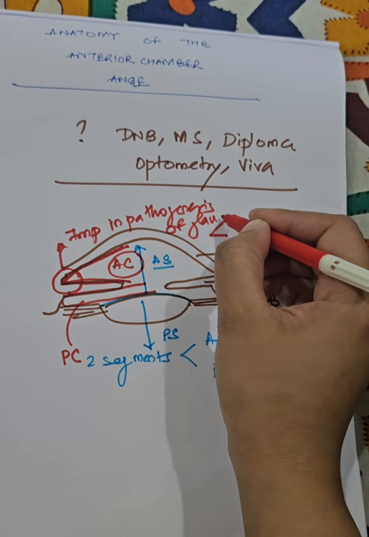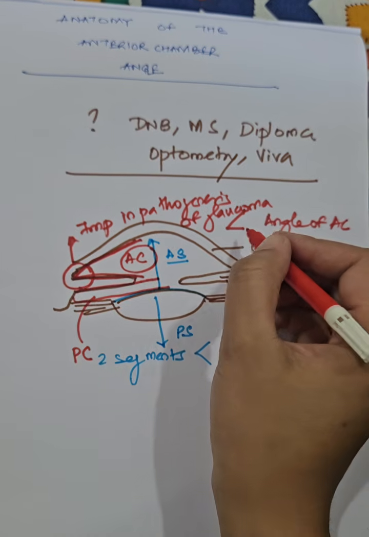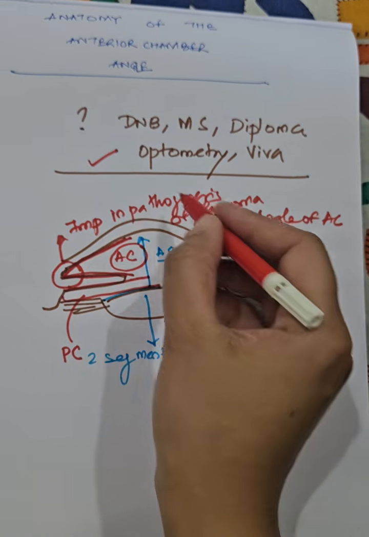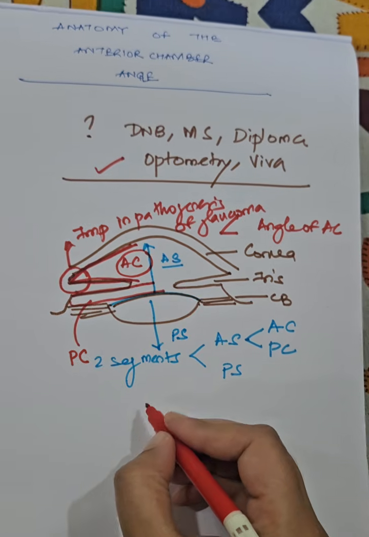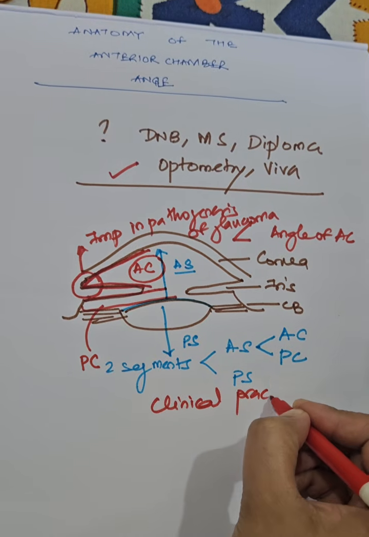That is why understanding the basics of this structure is very, very important. So not only for exam point of view, for understanding and for clinical practice also, this is very important.